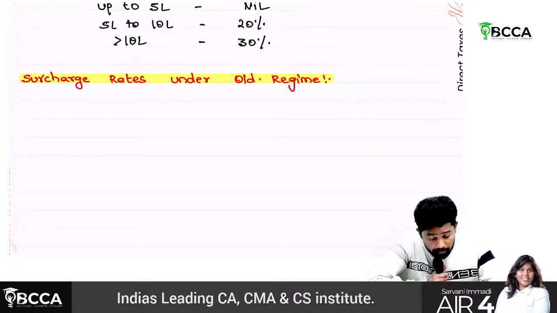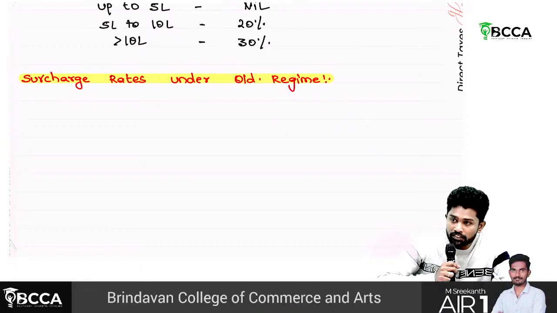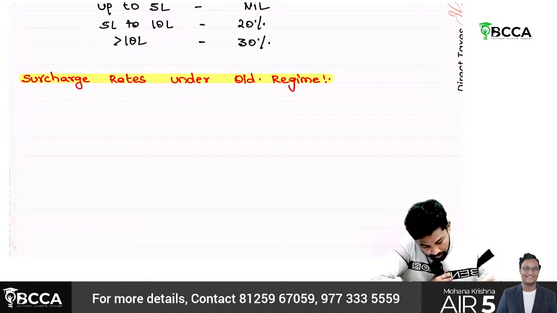So new regime or the default regime, are you able to recall them? First 50 lakhs, nil. 50 lakhs to 1 crore, 10%. 1 crore to 2 crores, 15%. Above 2 crores, 25%. Okay.